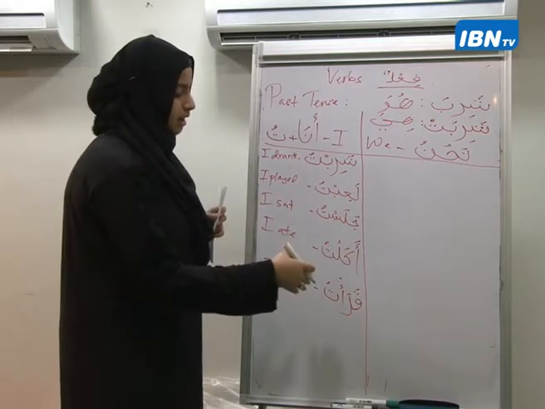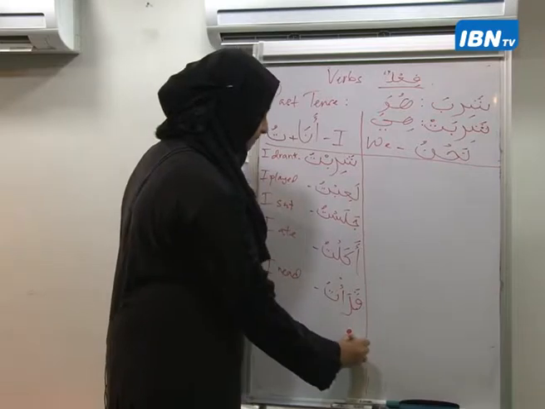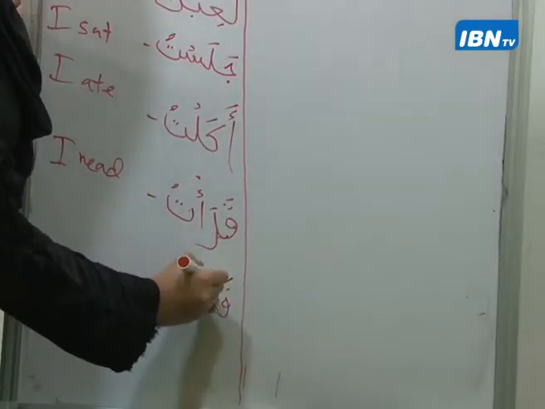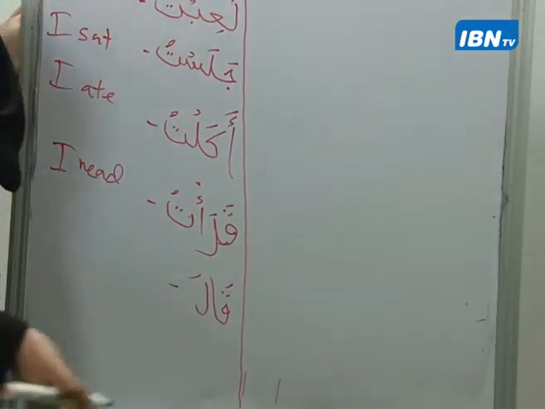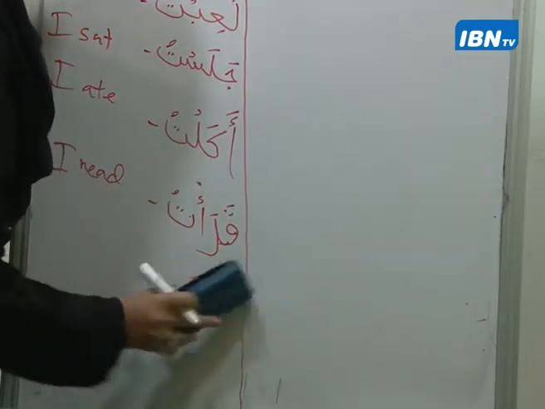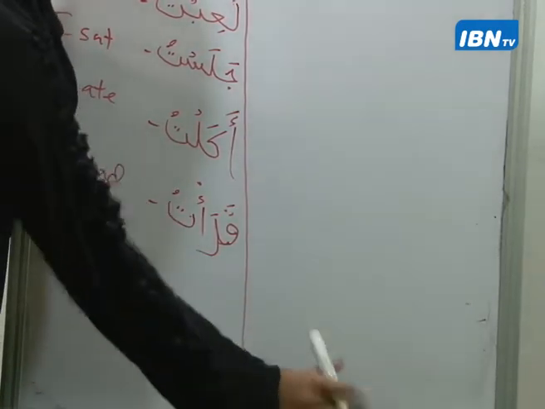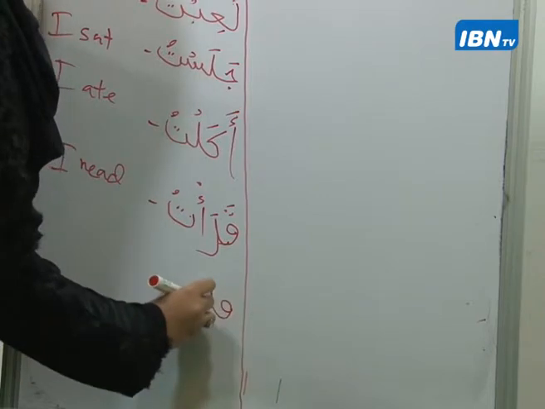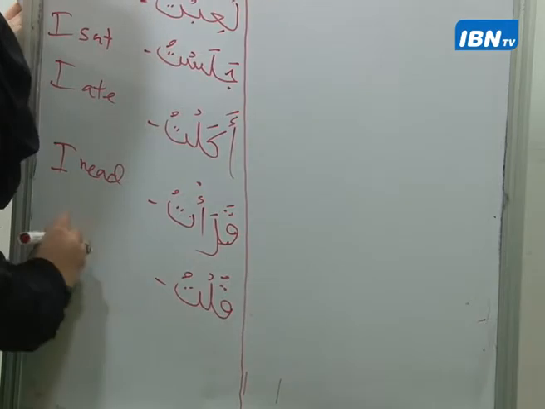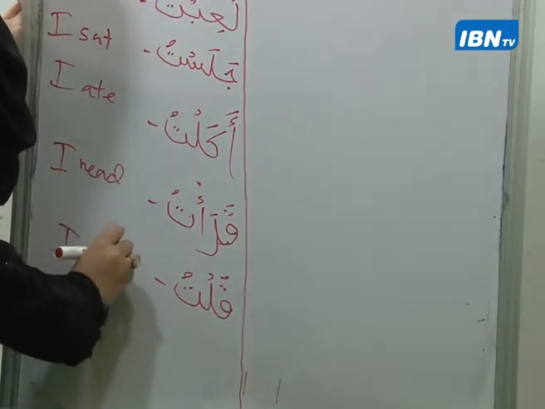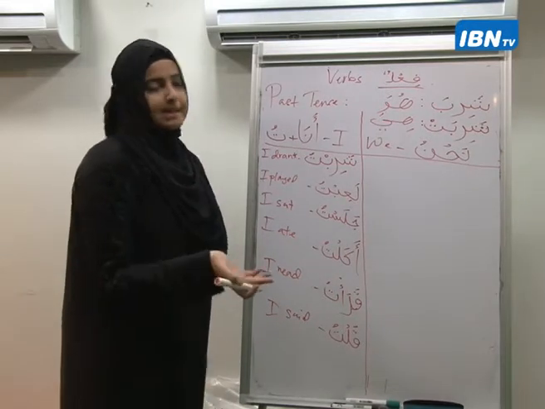Now qala here will not take the same format. Qala becomes qultu, meaning I said. And of course the rest of the verbs are going to carry the same format.